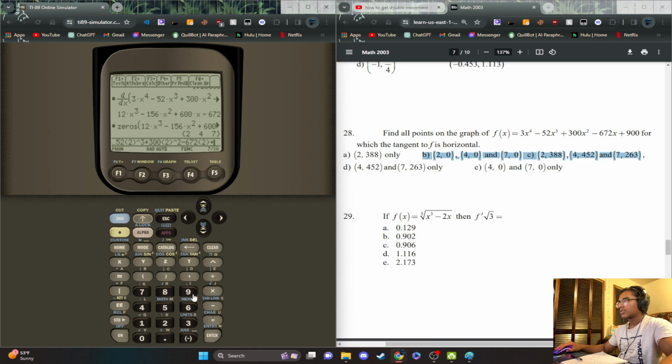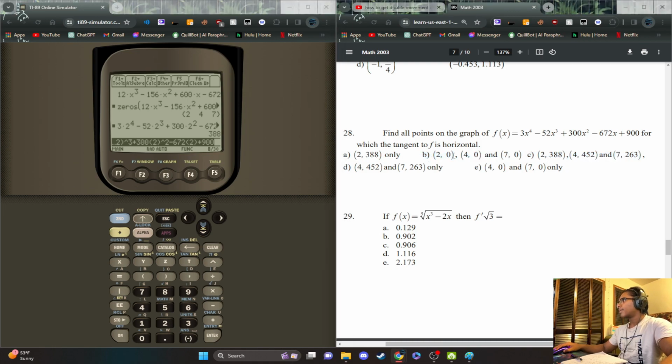This is just a visual explanation. This is really time consuming, but it's good to check. It's 388. So that's why it can't be B, because you just got one of the values, which is 2 and 388. So it's C. 28 is C.